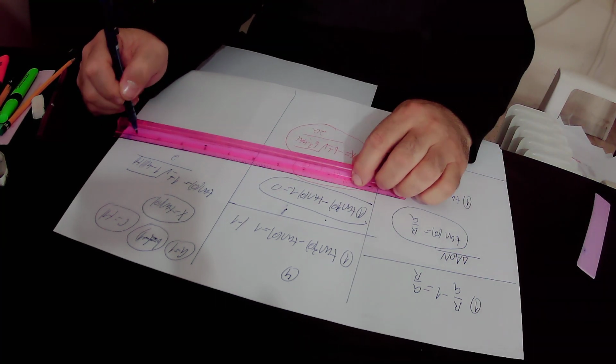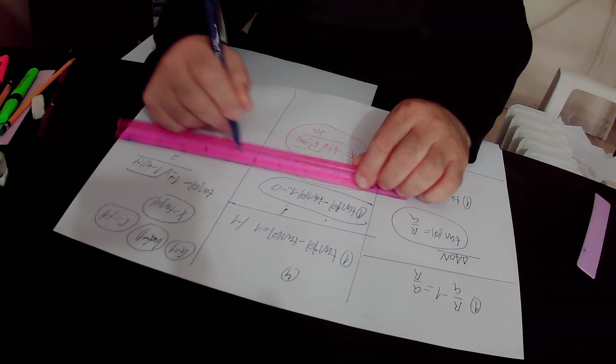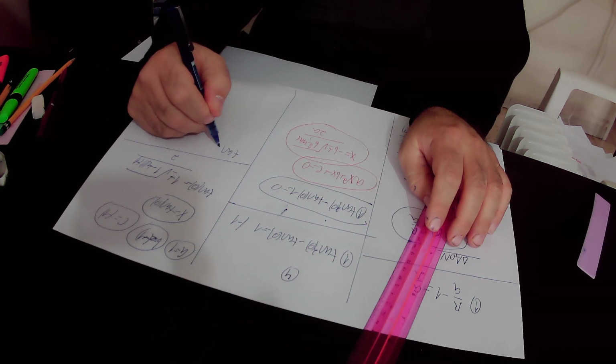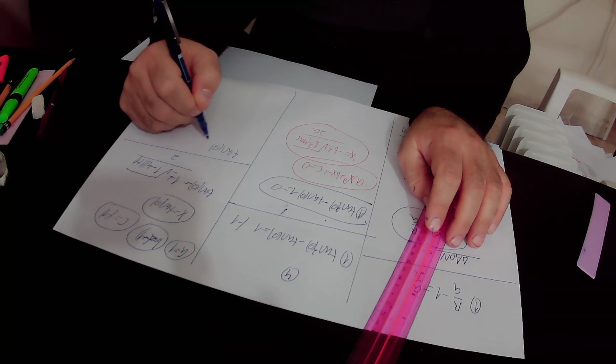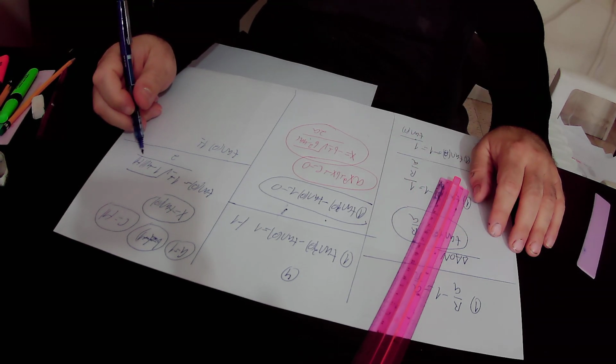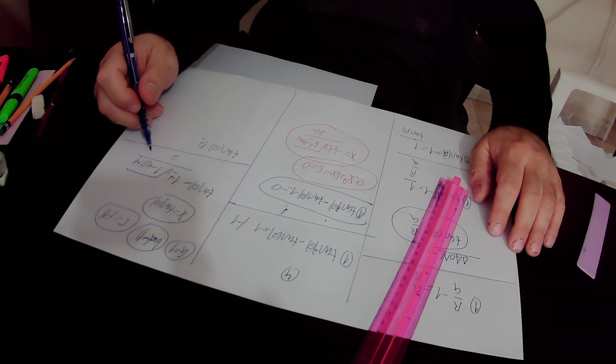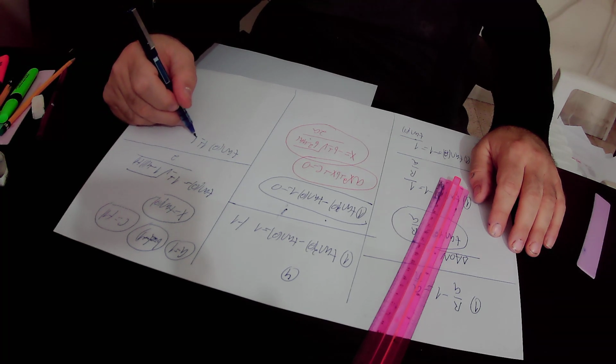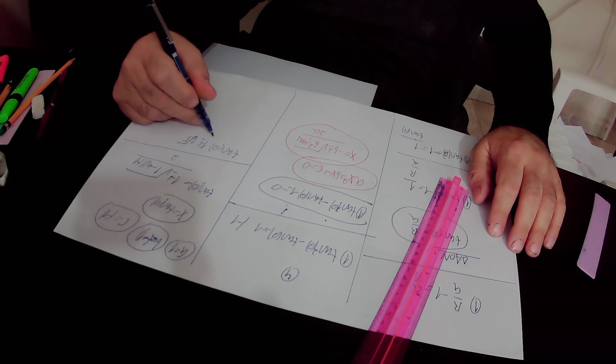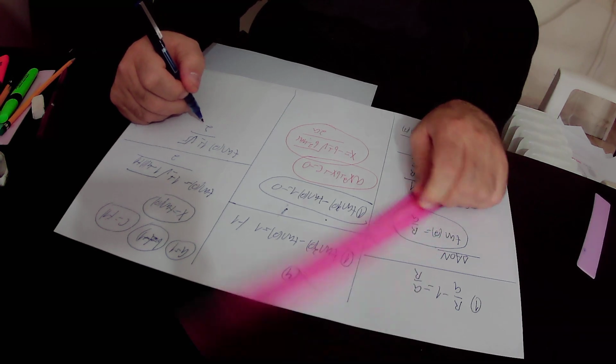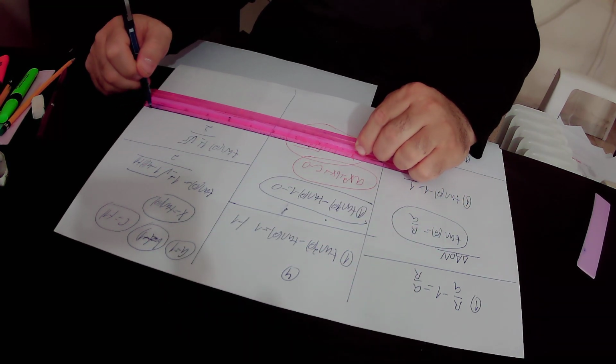So here we have tangent theta equals 1 plus minus the square root of, minus 4 times minus 1 is 4, and 4 plus 1 is 5, so inside the root we have 5, over 2. So here we have two possible solutions for tangent theta.